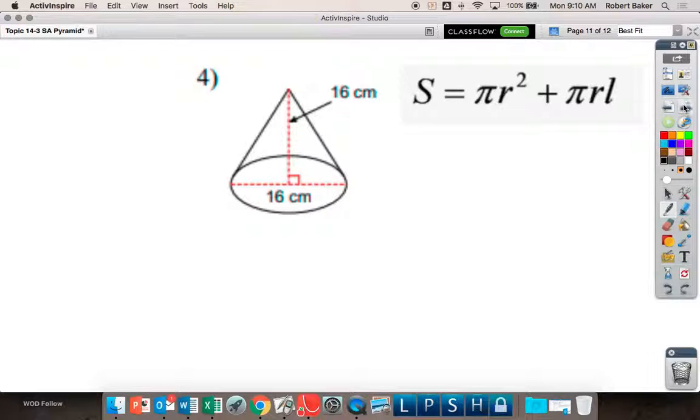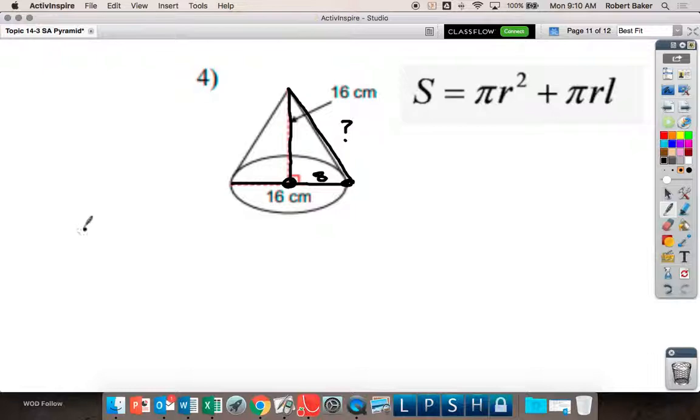I'm going to select No. Do we have a slanted height? No. We don't even have a radius either. So we have a diameter from here to here is 16, but how far is it from here to here? 8. You know that this is 16, but we need to find that length right there.